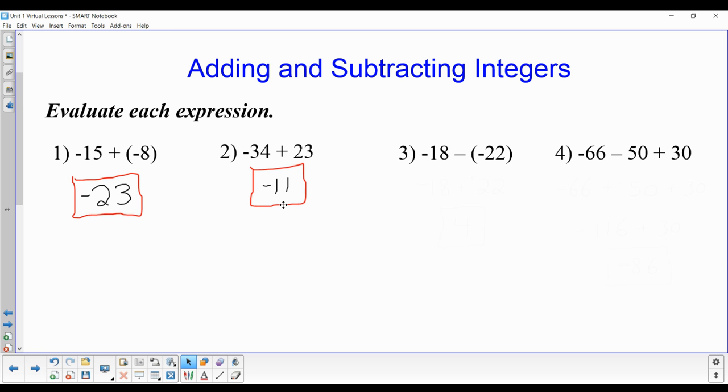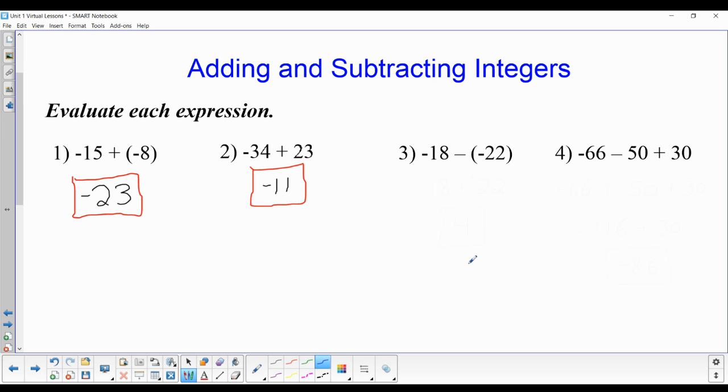The big difference is now going to come in number 3 because there is not an addition sign. When you're doing these problems using the rules, or using algebra, you need to have an addition sign. If you do not have an addition sign, you have to make it have an addition sign. So negative 18 minus negative 22, we are going to do something called keep, change, change.